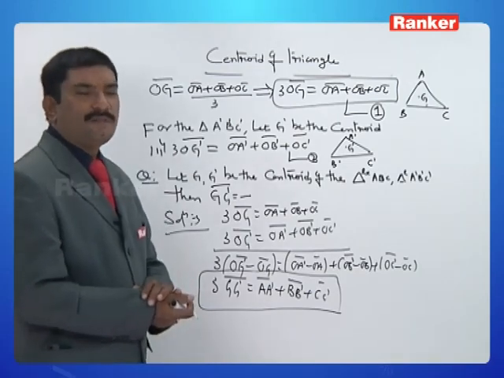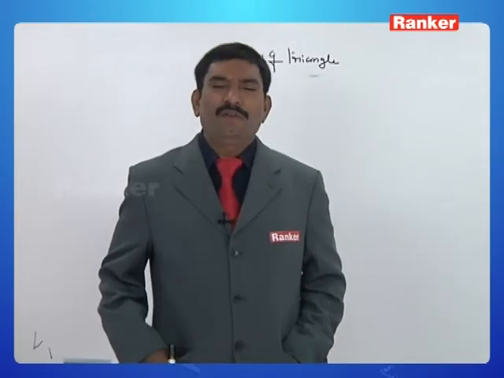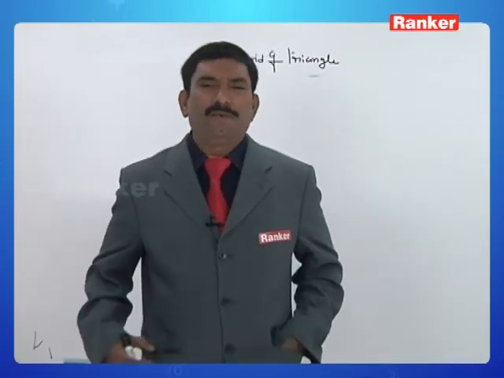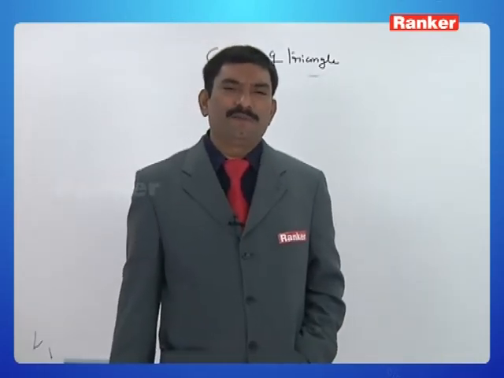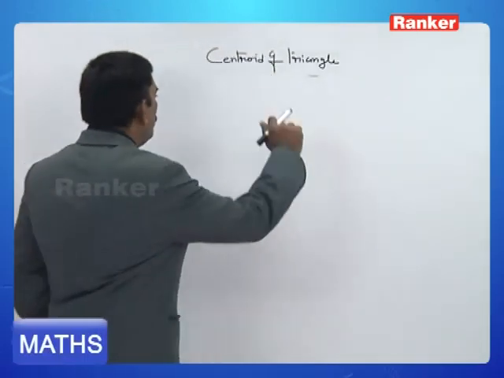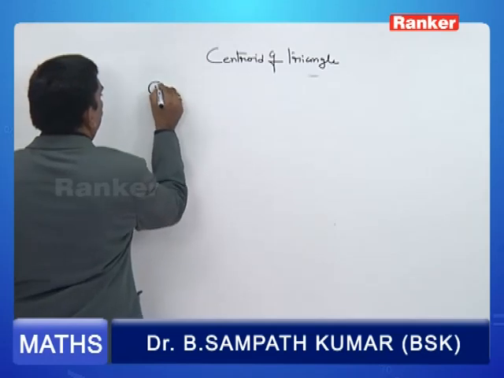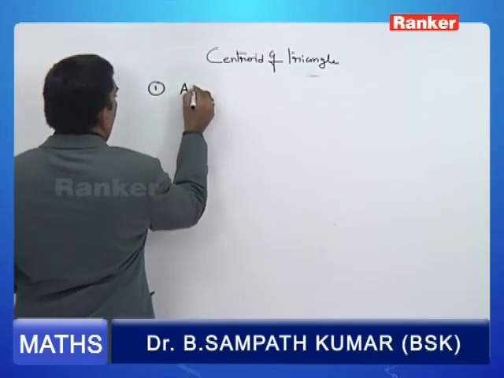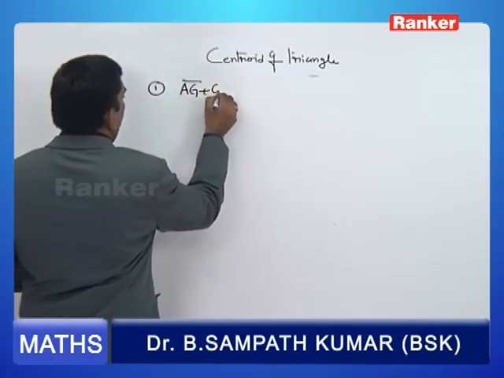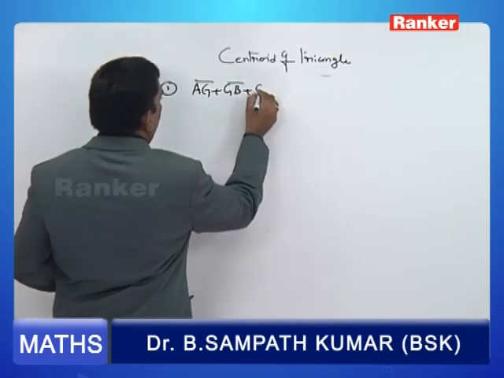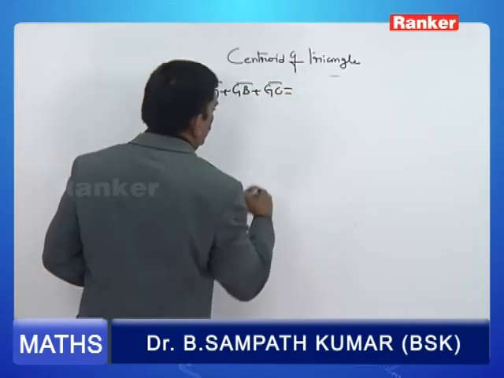After knowing the centroid, the position vector OG bar is equal to OA bar plus OB bar plus OC bar by 3. Now I'll go for the next one. The first one is GA bar plus GB bar plus GC bar is equal to dash.